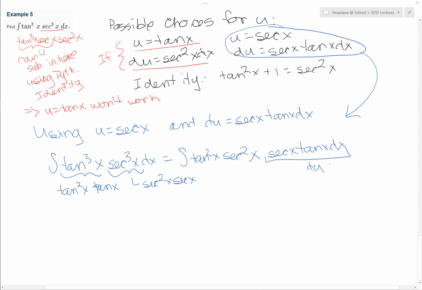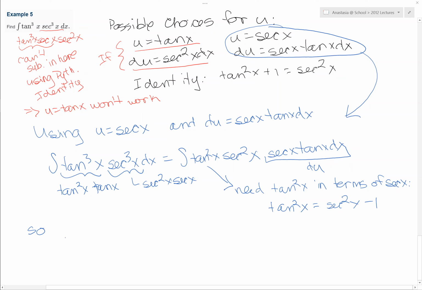Well, u in this case is secant x, so this means that we need tangent squared x in terms of secant x, and we're going to do that by rearranging our Pythagorean identity so that tangent squared x is equal to secant squared x minus 1.